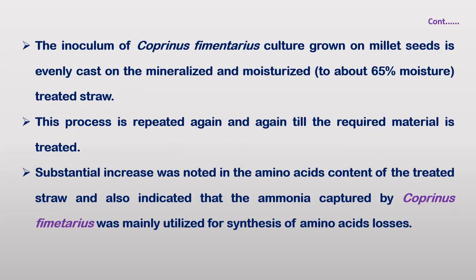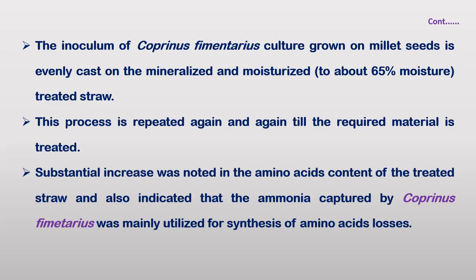So we can use the inoculum of the Coprinus fimetarius culture for the treatment of that straw, and a substantial increase was noted in the amino acid content of the treated straw.